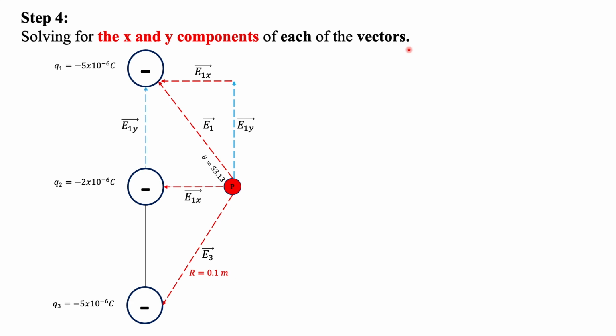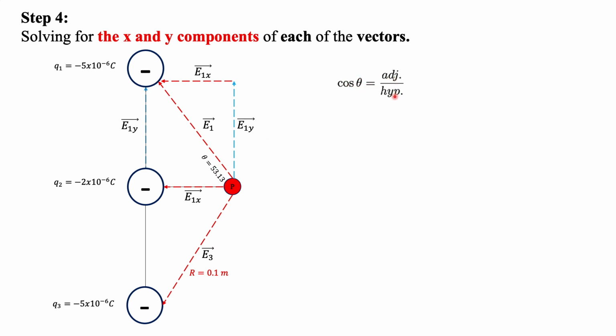And again, recall that the angle is 53.13, this one over here. So you're going to ask yourself, what is the relationship of this angle where the pointer is moving and my x component? And you notice that they are adjacent. So adjacent, it should be cosine. So recall that cosine theta is just adjacent over hypotenuse.